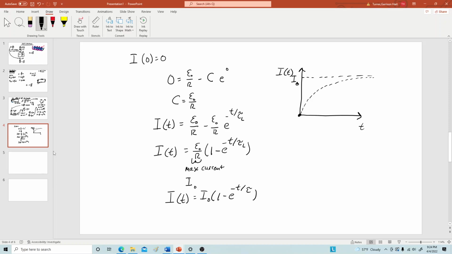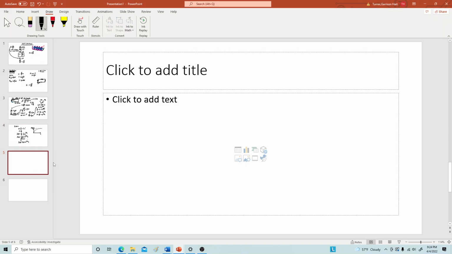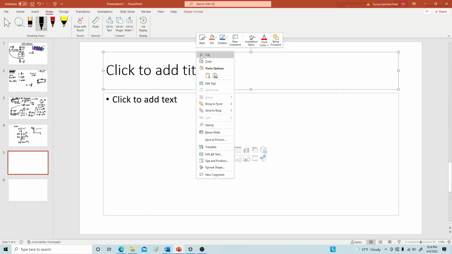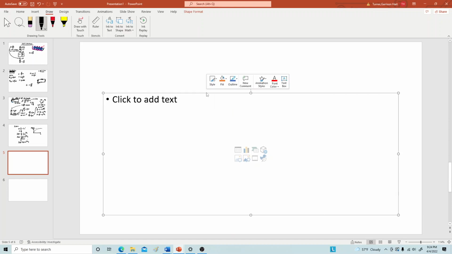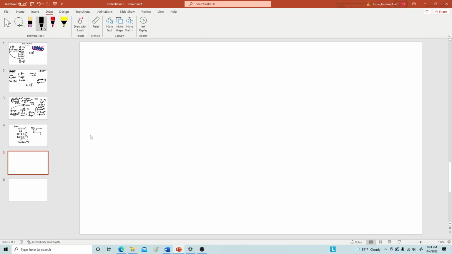Now, what about the potential across the inductor? If I look at the potential across the inductor, I've got this expression, and I know what the function of the current looks like. So I've got my current.